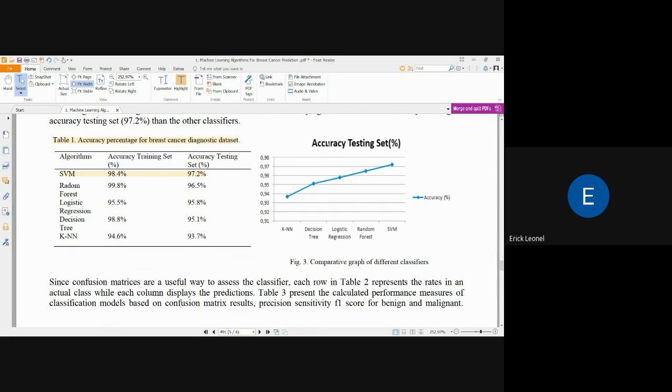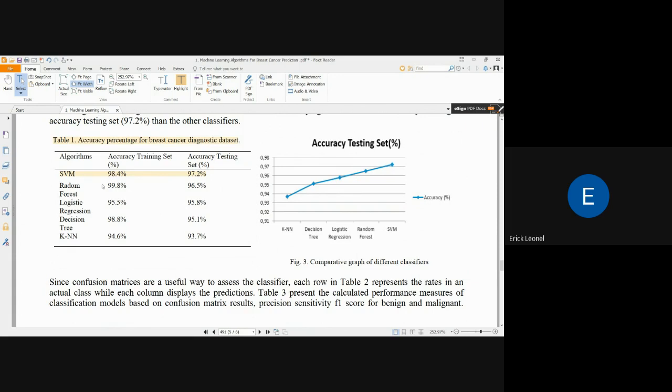AUC as performance metrics to evaluate and compare the models and identify the best algorithm for breast cancer prediction. Here, table 1 and figure 3 show the accuracy percentage for the data set.